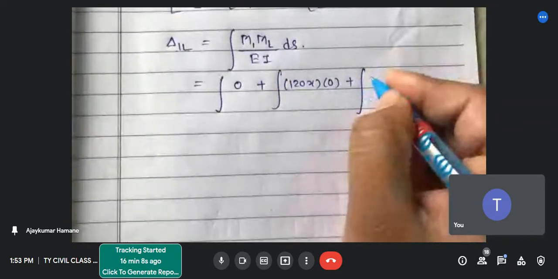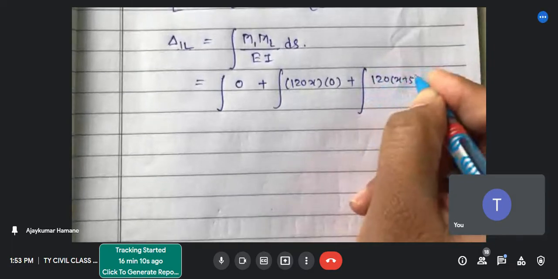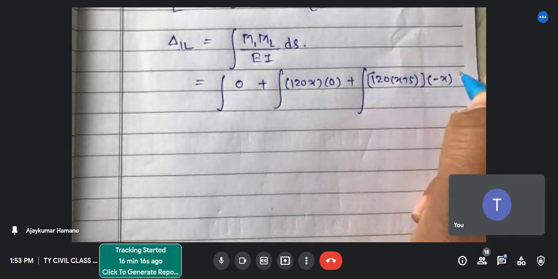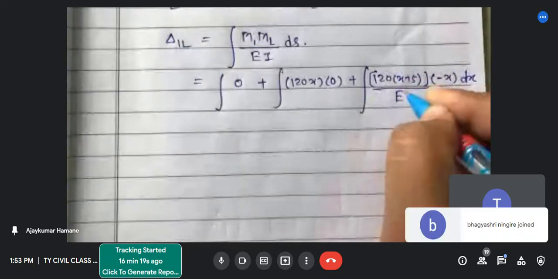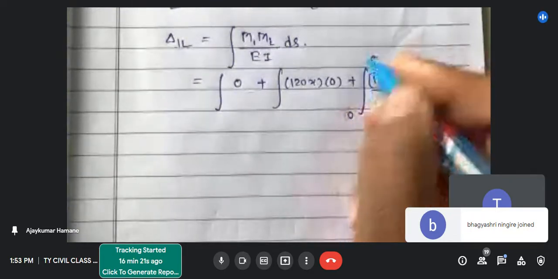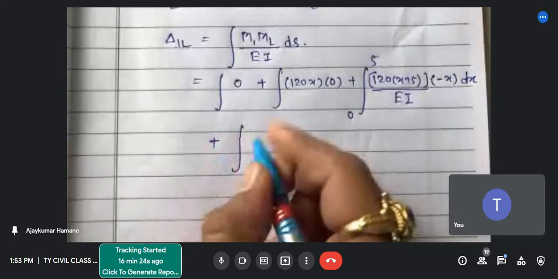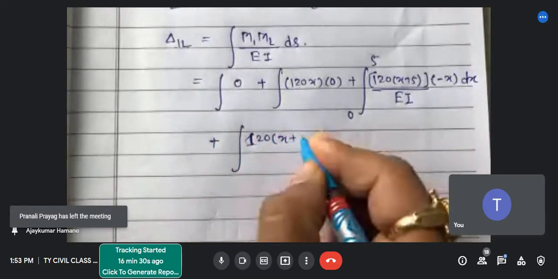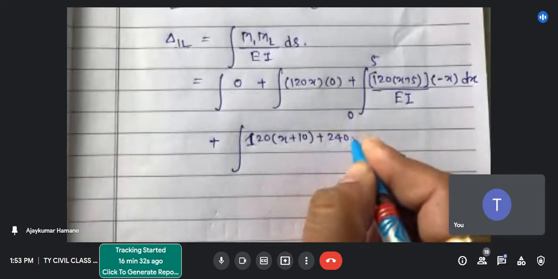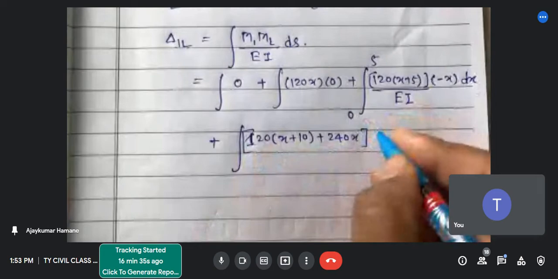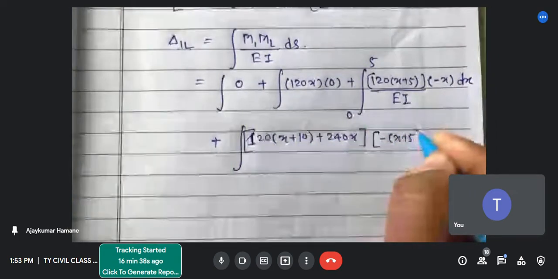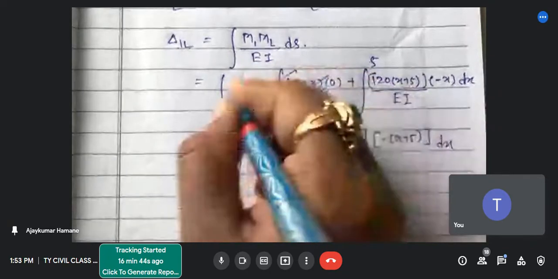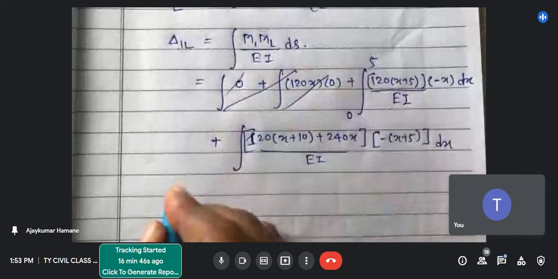Next one is 120x plus 5, okay, multiply by minus x into dx divided by EI, integration 0 to 5, plus integration of 120x plus 10 plus 240 into x, multiply by minus x plus 5 divided by EI into dx. So this is okay. 0 multiplied by 0 is 0.